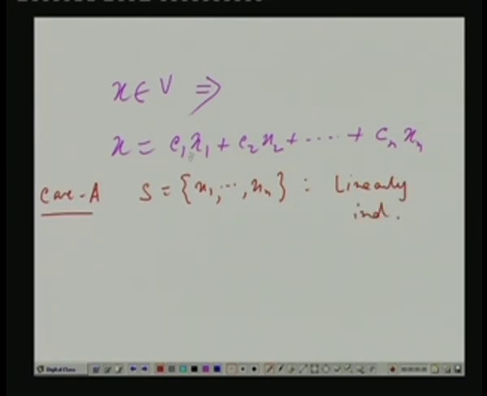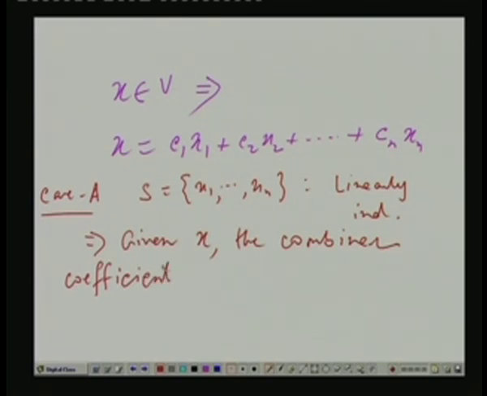Then my claim is, given a vector x, you express it first in terms of x1 to xn as a linear combination, but these coefficients C1, C2 to Cn, they are unique. That is, given x, the combiner coefficients are unique.